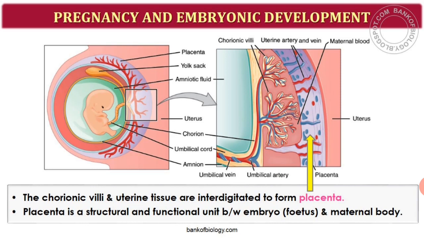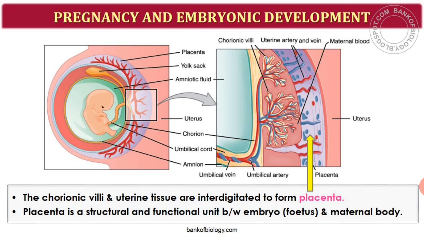Or if you want to see in detail, you can see the diagram on the right side, the mother body as well as the baby, and they have shown you with the help of the yellow colored arrow mark, that is the placenta, a broad thread-like structure.